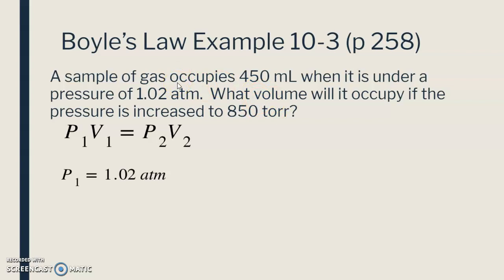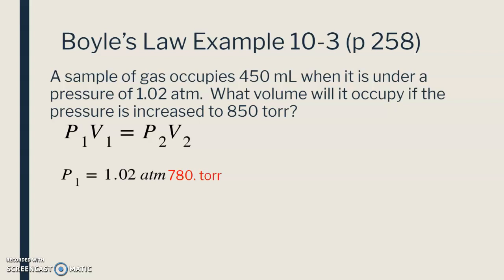Going back a few slides where I showed you how to convert between pressure units, it's going to come in handy here. I decided to convert my ATM to torr, so that's going to be 780 torr. And if you don't remember how to do that, you can go back to see the relationship between ATM and torr, to see how to set that up, okay?